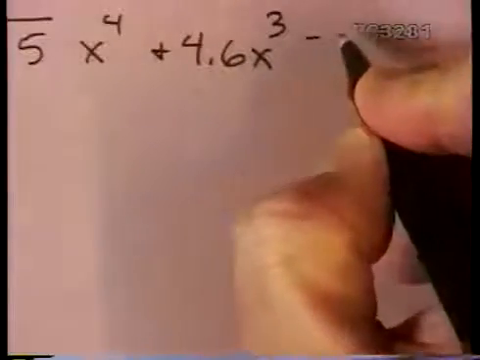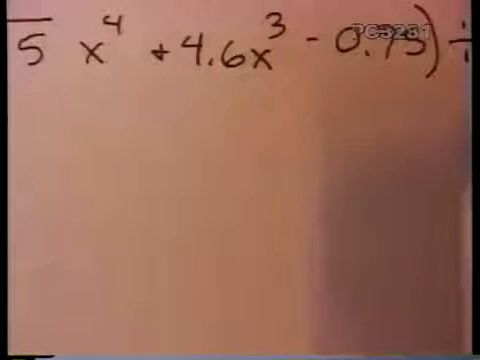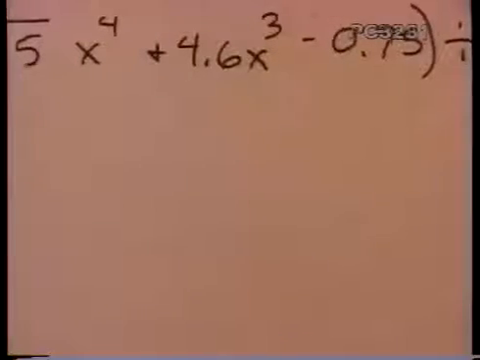What you did, though, is, let's look at this. I don't want to show you my book because it's got all the answers in it. But this is the problem. You got the square root of 15 x to the fourth plus 4.6 x cubed minus 0.75, divided by x plus the square root of 3.